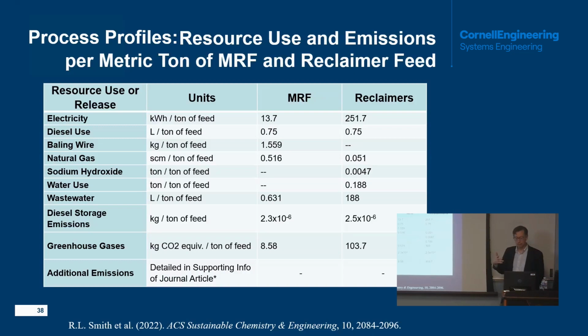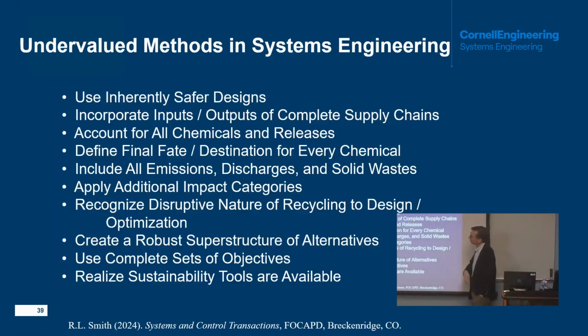So essentially, hopefully that gives you the perspective I was trying to get to you. Can we look at all these inputs and outputs for these supply chains, these processes? So a more complete system would hopefully be a better analyzed system and give you the right results.